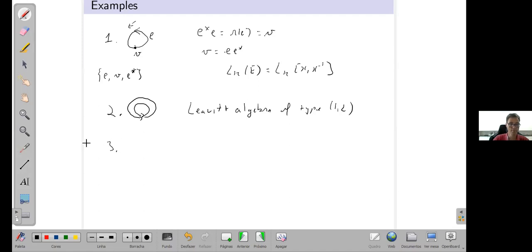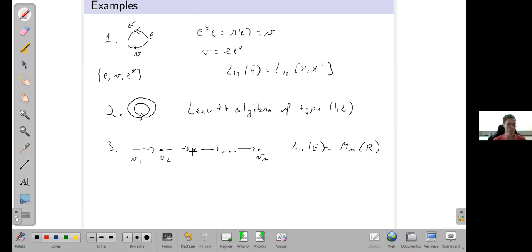And the third example, which I do not want to elaborate on much but it's simple to check, is if you just have a simple graph like this, with V1, V2 up to Vn, then what we get here is that L_k(E) is the n by n matrices over the ring or the field.